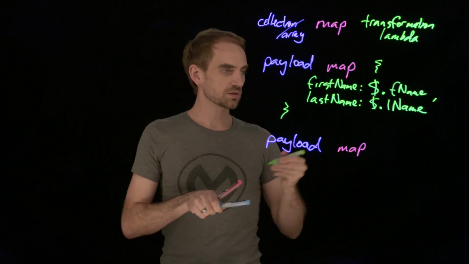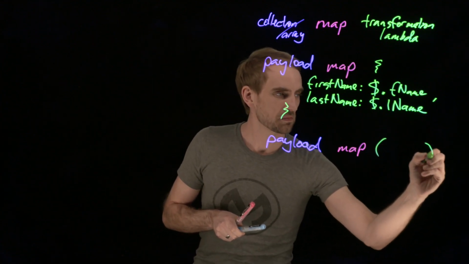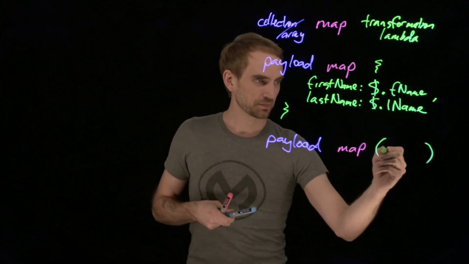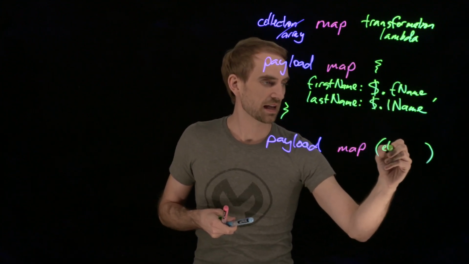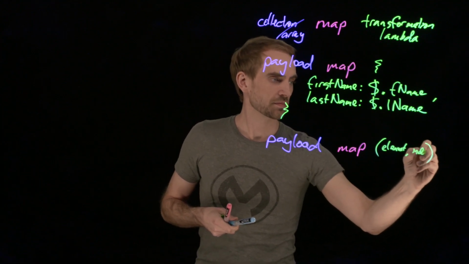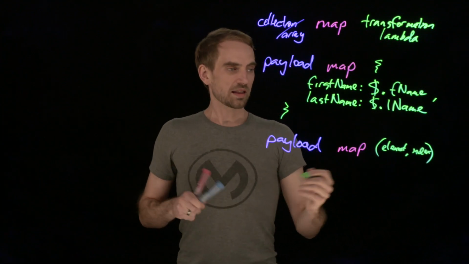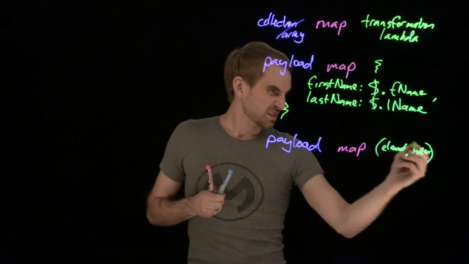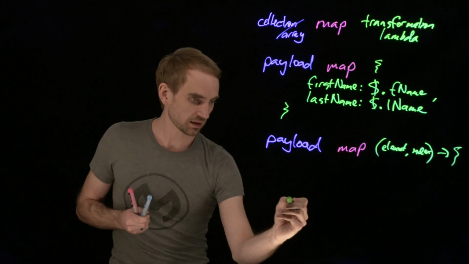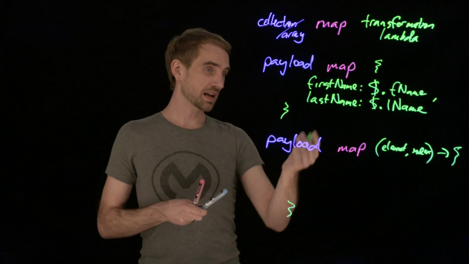So we're going to use a bit of syntax here, where we get to give those, instead of using $ and $$, I could say this is the element, and then index. So other than that, we've then got to just point to what we're going to be doing. And then we've got our squiggly brackets again, because we want the same structure.